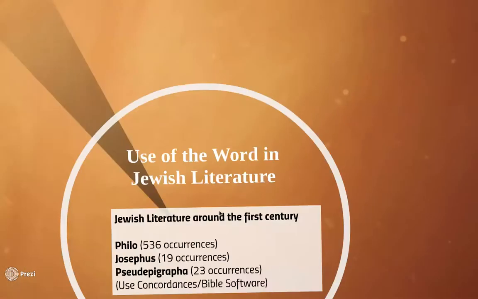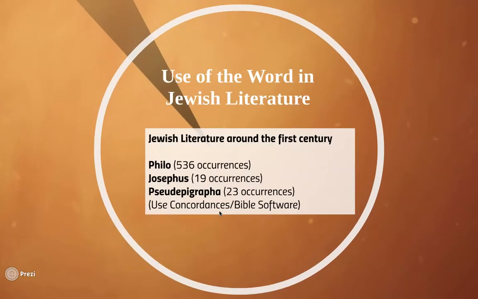Going beyond the use of the Septuagint, you might look at the broader Jewish world in and around the first century. And we'll be talking about what Jewish literature is and what it looks like, but some examples of Jewish literature are authors like Philo or Josephus, or the collection of books that is called the Pseudepigrapha.